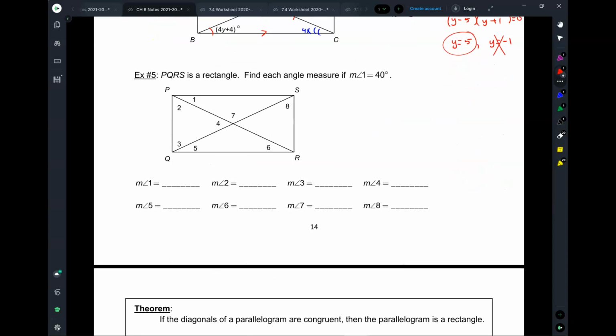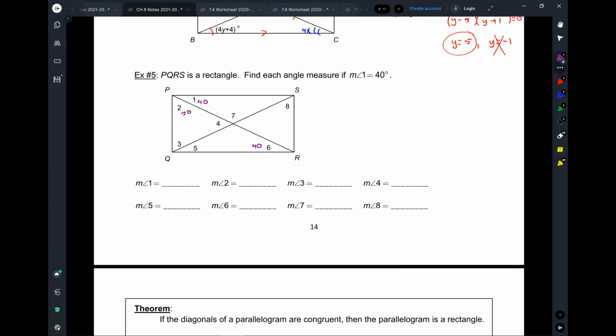PQRS is a rectangle. We want to find each angle measure if angle 1 is equal to 40. Okay, so we're going to do something very similar to what Rihanna was doing as well, right? So if that's 40, how much is angle 2? 50. And then, alternate interior angles, so angle 6 is also 40, right?